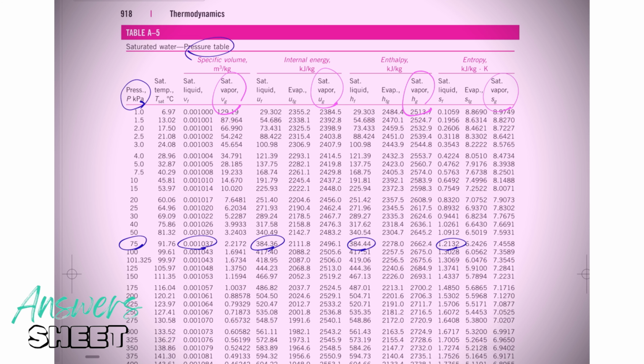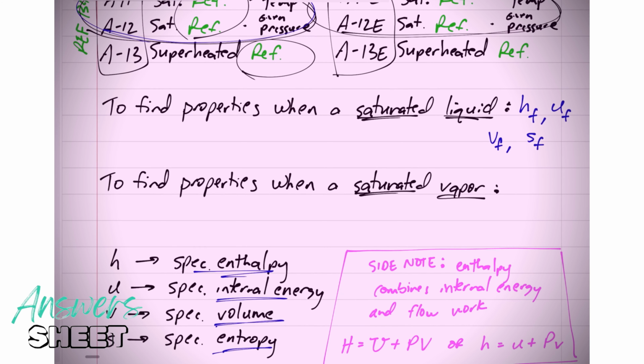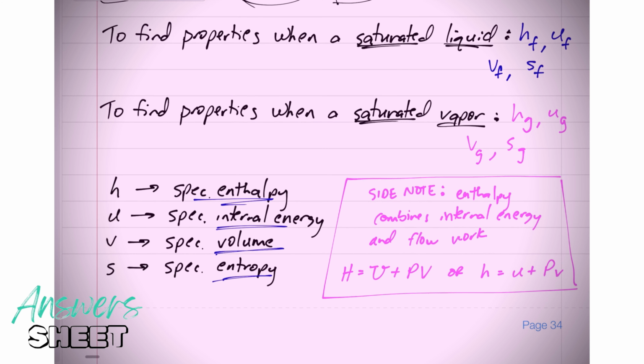Subscript G. Subscript G. So let's go back to our notes. This would be h_g, u_g, v_g, s_g. Those are the easiest. That's what we're going to start with: finding the properties if it's a saturated liquid or if it's a saturated vapor. So h is enthalpy. We haven't talked about enthalpy.